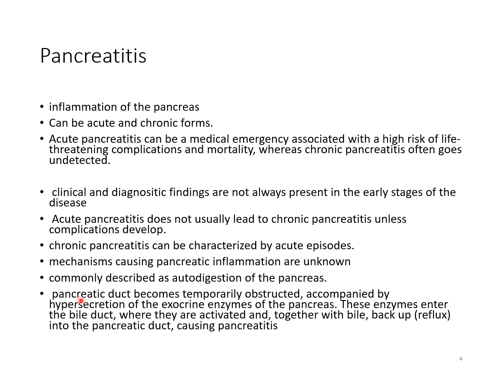So the pancreatic duct, you're going to look again at your anatomy, becomes temporarily obstructed, accompanied by hypersecretion of the exocrine enzymes of the pancreas. So these enzymes enter the bile duct where they're activated, and together with the bile, they back up, known as reflux, and then they're basically causing pancreatitis. So everything is backing up. That's the main takeaway, and that's why you're having problems.